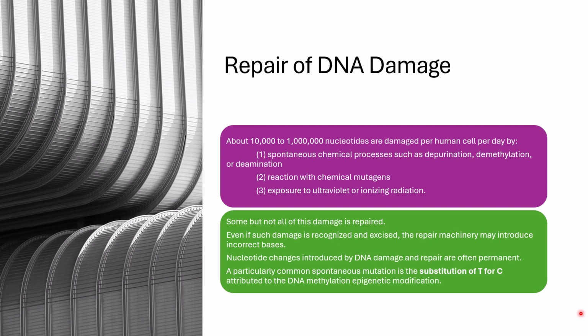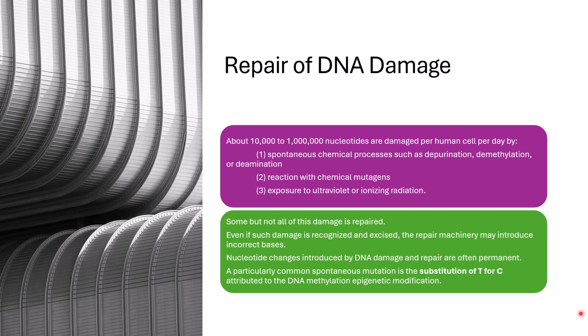So these all will cause damage to the DNA. Some, but not all, of the damage is repaired, and even if such damage is recognized and excised, sometimes the repair mechanism may introduce incorrect bases.